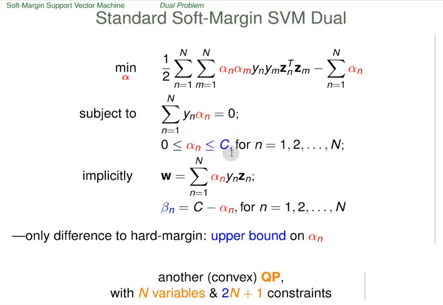We didn't have any upper bound. That's the only change. And we note that this is another convex quadratic programming problem. We have n variables and 2n plus 1 constraints, since we also have the following terms.